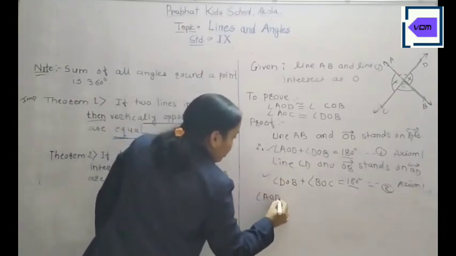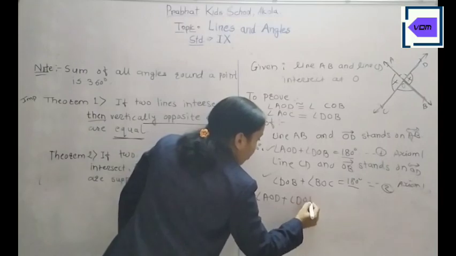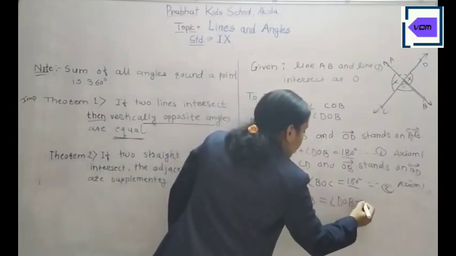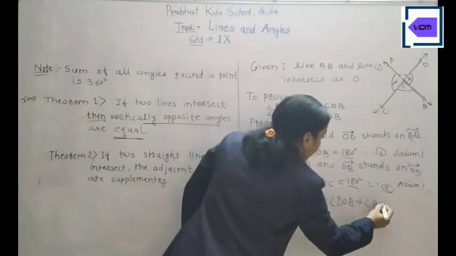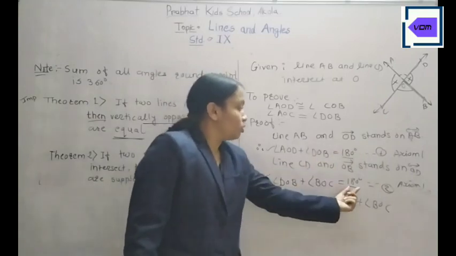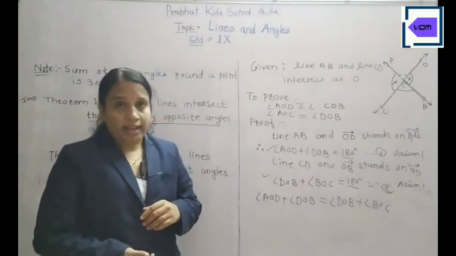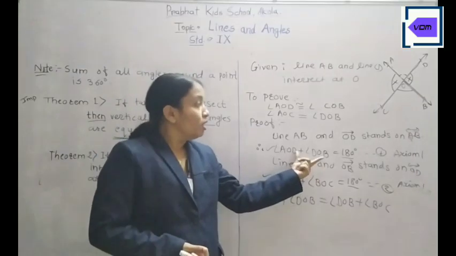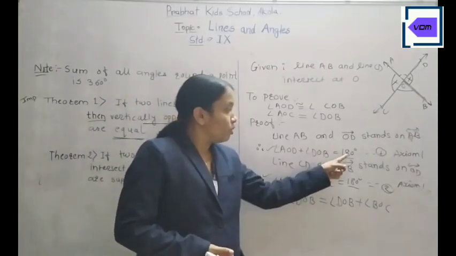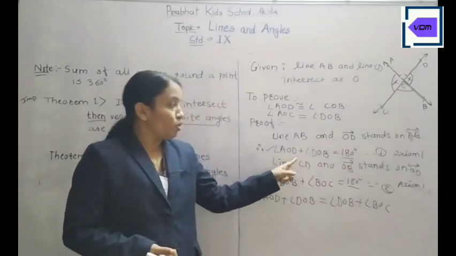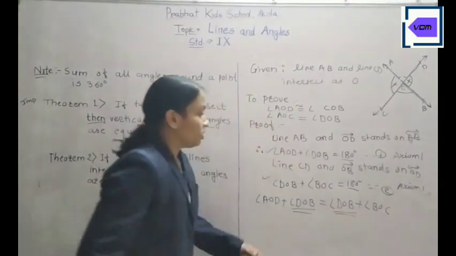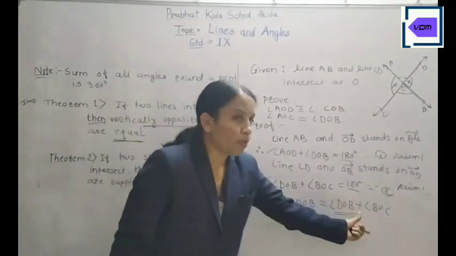Angle AOD plus angle DOB is equal to angle DOB plus angle BOC, because this is equal to 180 and this is also equal to 180 by Euclid's axioms. If two things are equal to the same thing, then both are equal. Now subtract the measure of angle DOB from both sides.